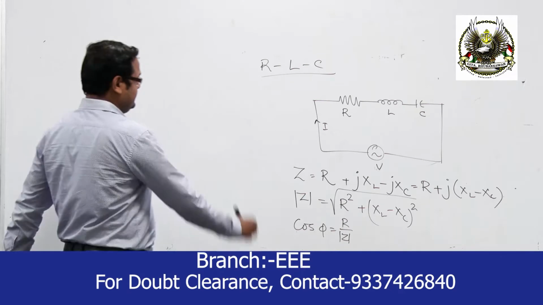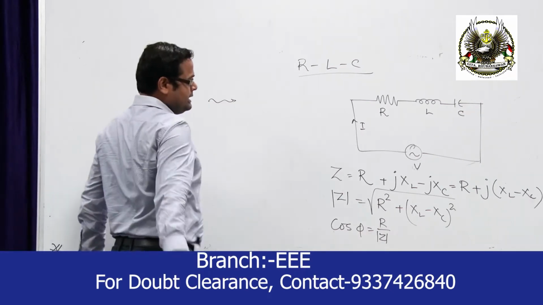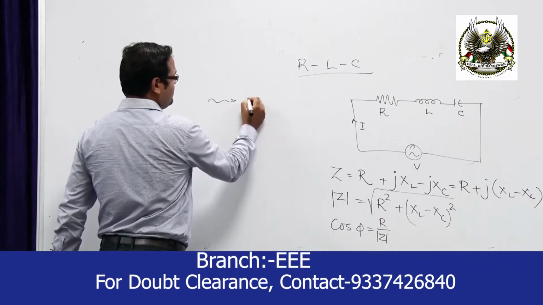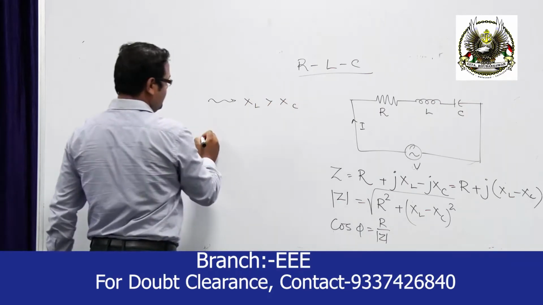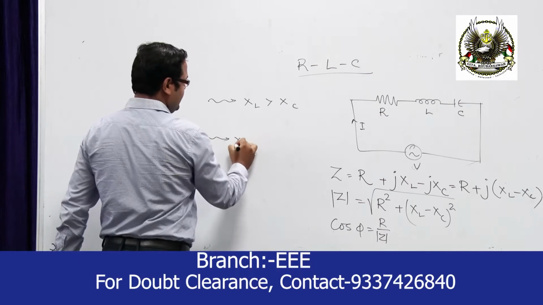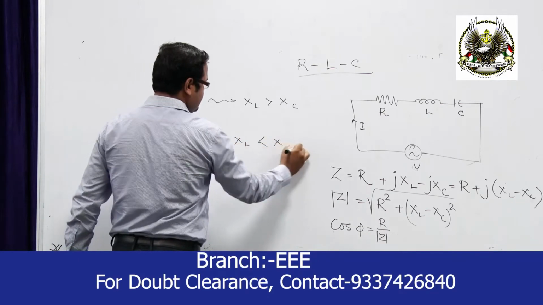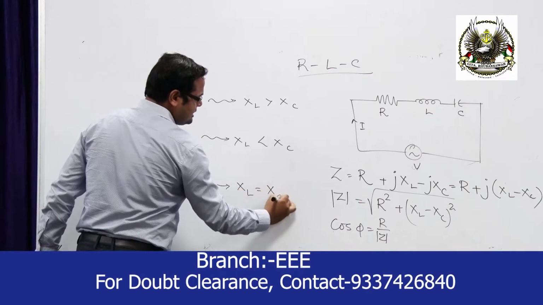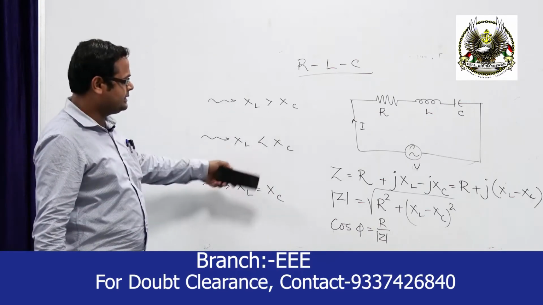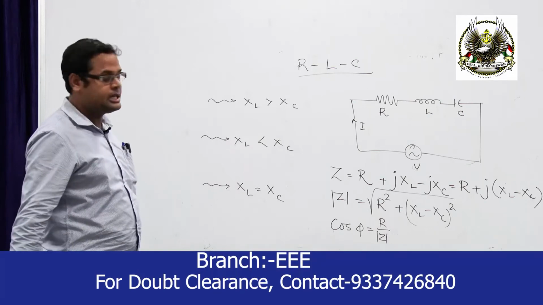There is case 1, if XL is greater than XC. Second, if XL is less than XC. Third case, if XL is equal to XC. There are 3 cases for this RLC series circuit.